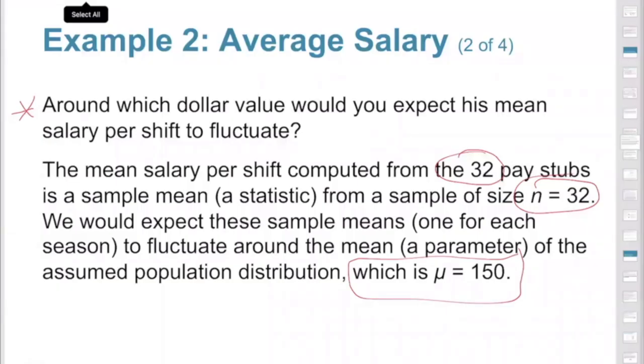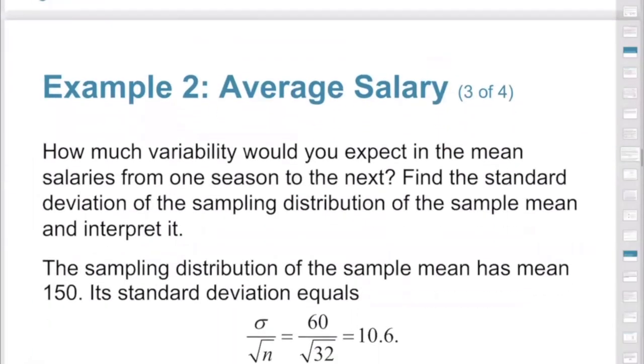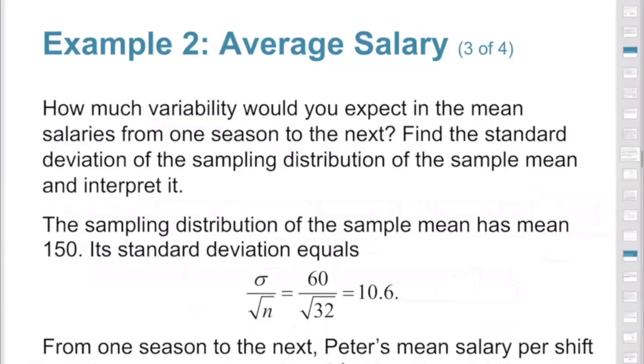What about the variability? What about the standard deviation of the sample mean now? This will be the answer to the second question: what variability would you expect in the mean salaries from one season to another? That means you have to find the standard deviation of the sampling distribution of the sample mean, which is sigma divided by square root of n.